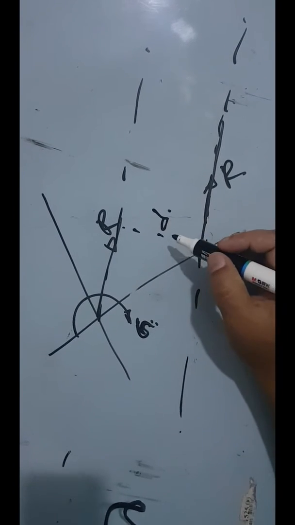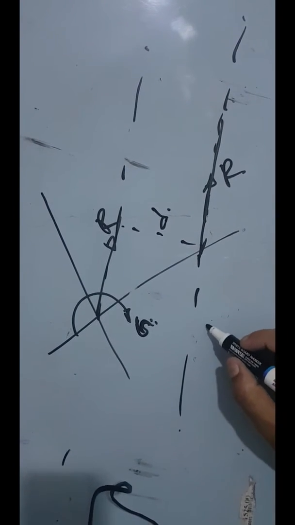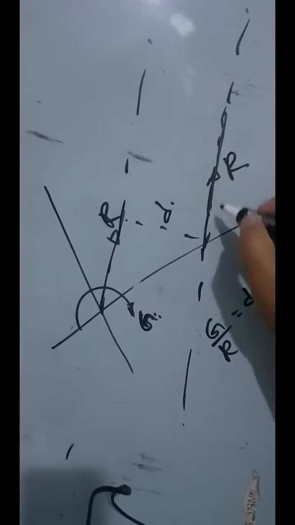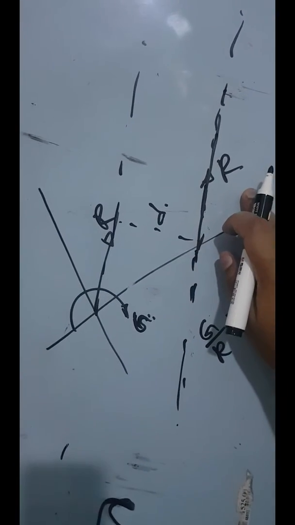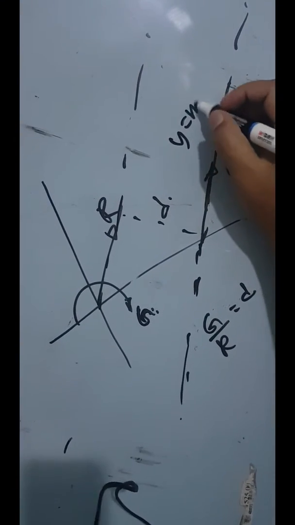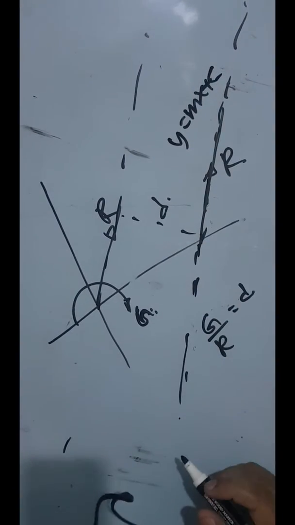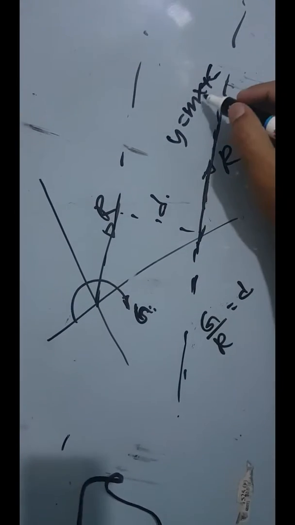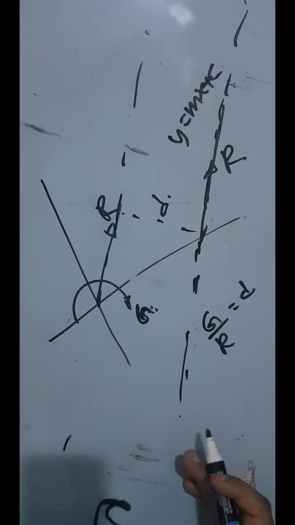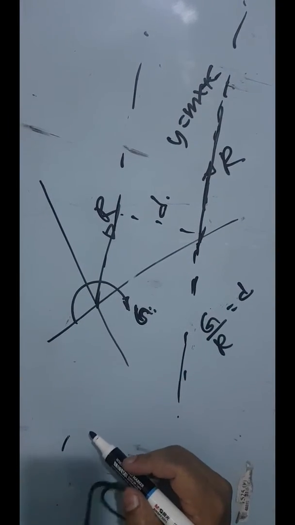How do you find d? You can use G divided by R gives you d. This is the force, this is a couple, right? So if you want to find this line of action of R when the system is reduced to a single force alone, you know the equation y equals mx plus c. You already know m does not change, but you have to find c because now the line of action will not go through the origin. Okay, we'll see how we can do that.